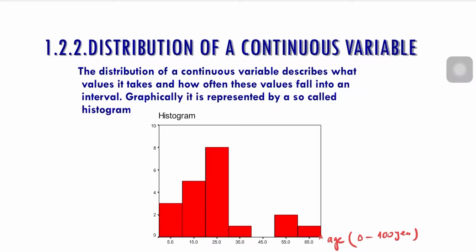For example, 3 patients with the age of 5. In the 15 we have 5, in the 25 we have 8, or in the 30 we have 1.